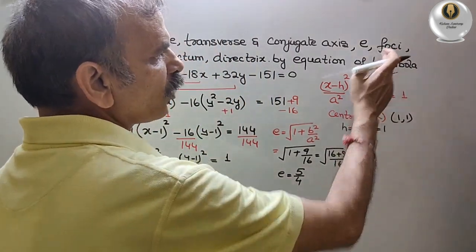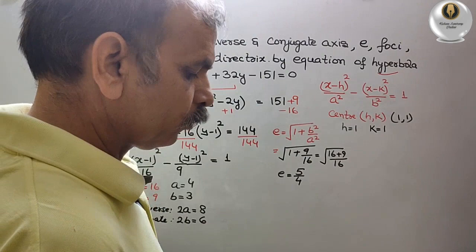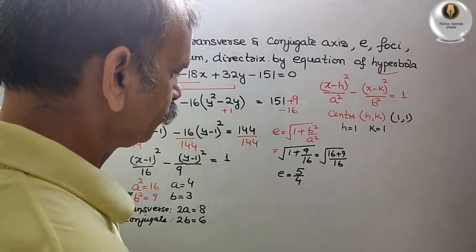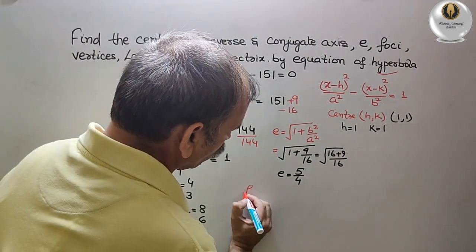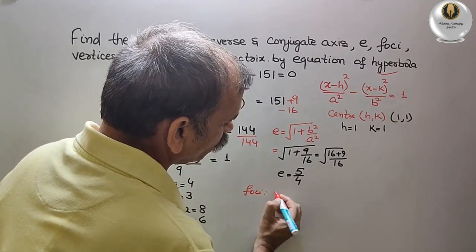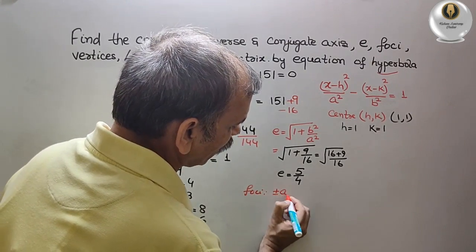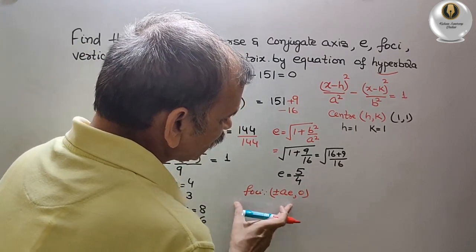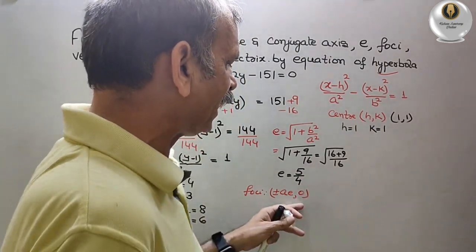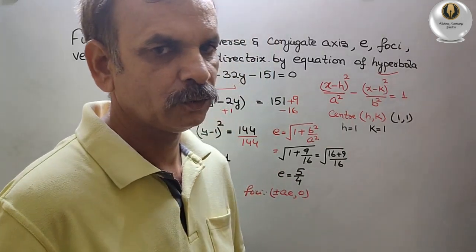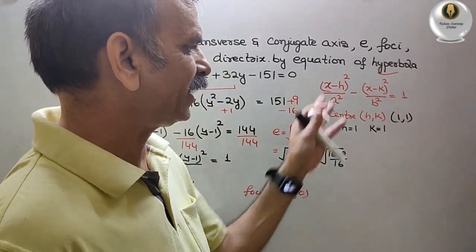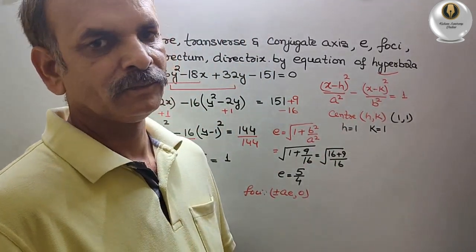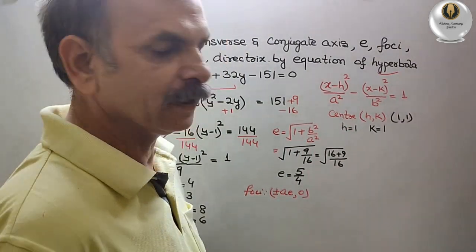Next comes to your foci. So we know foci. So foci is what? The coordinate of foci is plus minus AE, comma 0. So this is the standard where the center lies at 0. But here the center is shifted. So first we will find out AE.